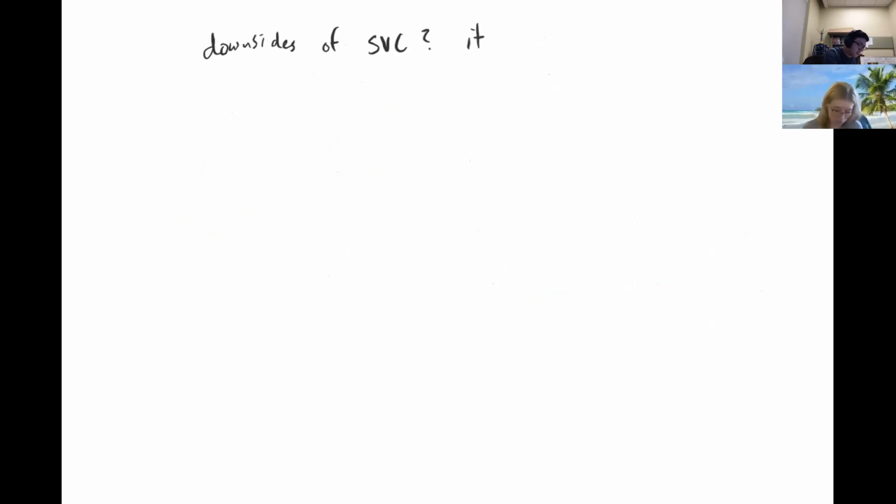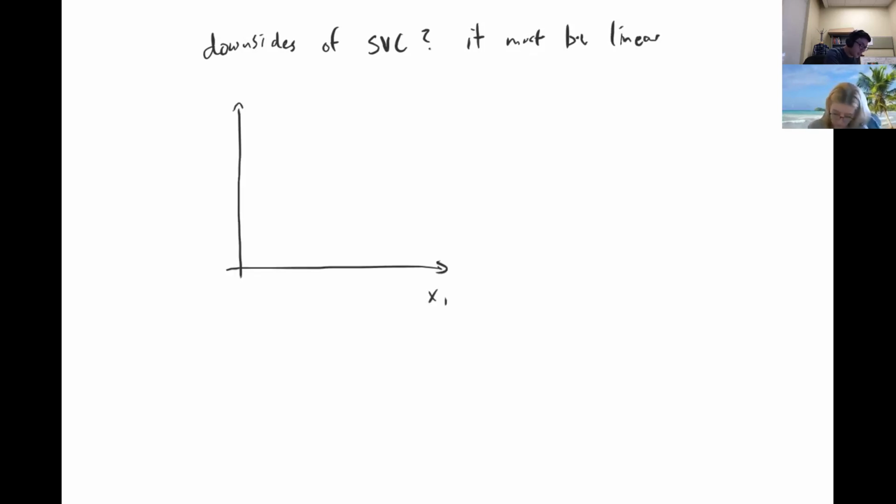So downsides, it must be linear. Let us consider now a different set of points. You could even have a super obvious set of boundaries, and ideally, I would draw something like that.